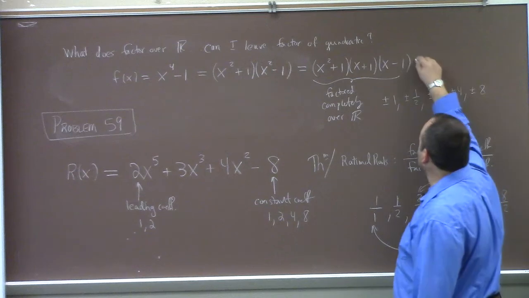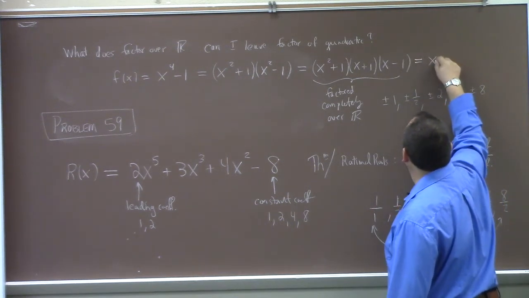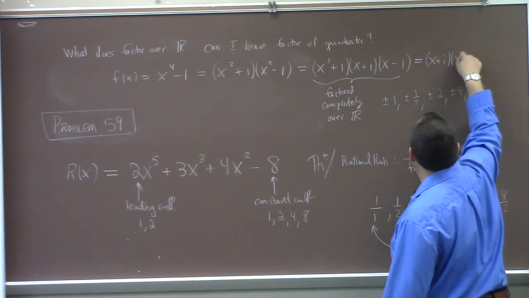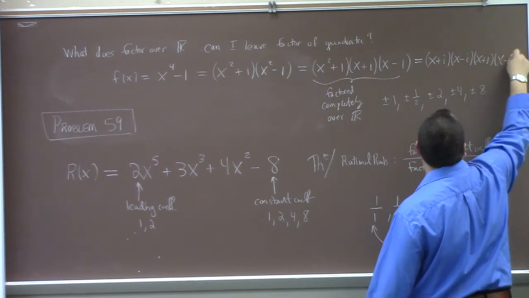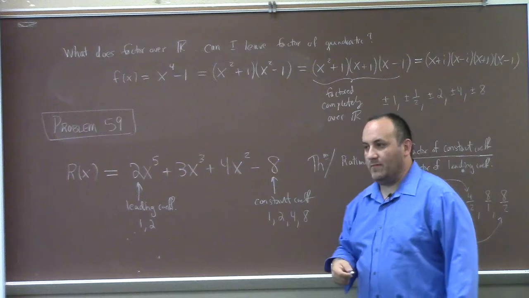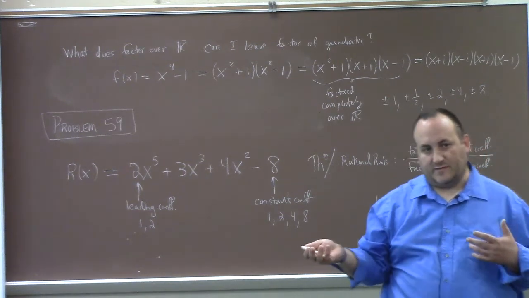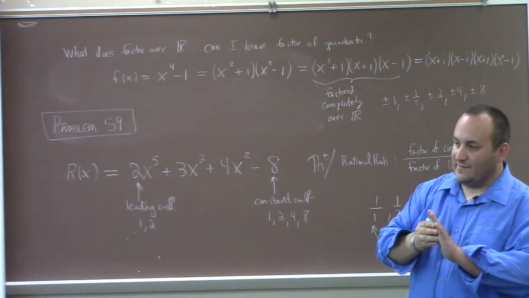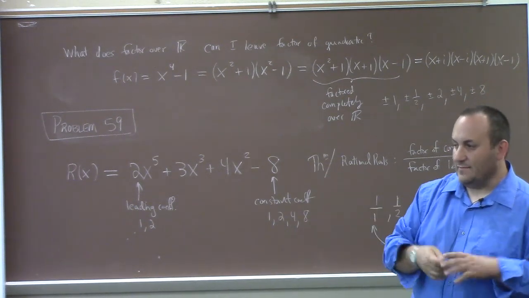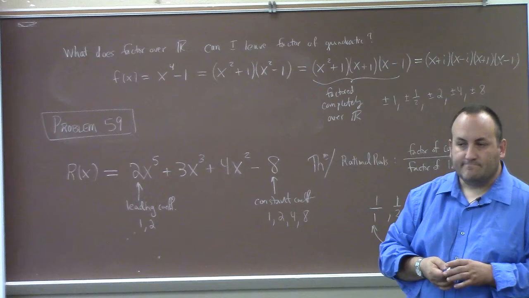Over the complexes, you can take a step more, and you can break that down. Like over the complexes, it's always possible, at least in principle, to take an nth order polynomial and write it as a product of n linear factors, possibly repeated, you know.